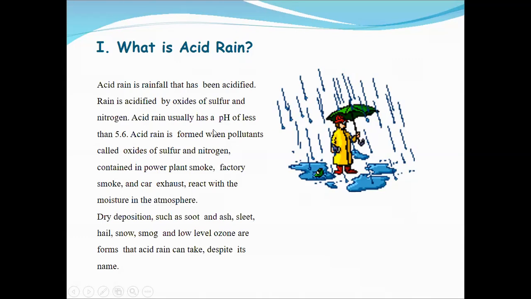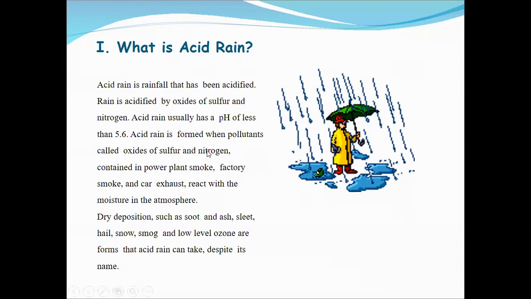Acid rain usually has a pH of less than 5.6, and it is formed when pollutants called oxides of sulfur and nitrogen, contained in power plant smoke, factory smoke, and car exhaust, react with the moisture in the atmosphere. Dry deposition such as soot and ash, sleet, hail, snow, smoke, and low-level ozone are forms acid rain can take despite its name.